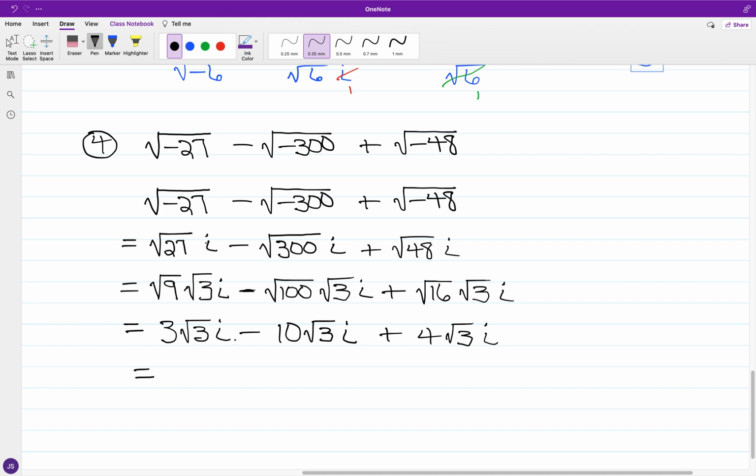Additionally, these are also in the square root of 3. And if we combine the leading coefficients, 3 minus 10 is going to be negative 7. In turn, negative 7 plus 4 is going to be negative 3. And again, for the commonalities, we have the square root of 3 and also i. And you could also express the combined result as negative 3i times the square root of 3.